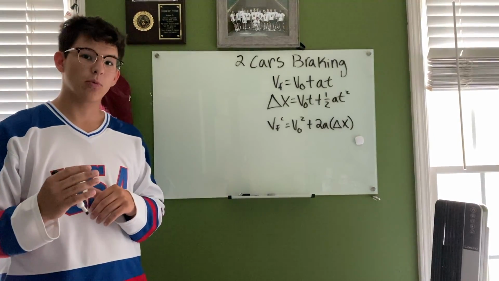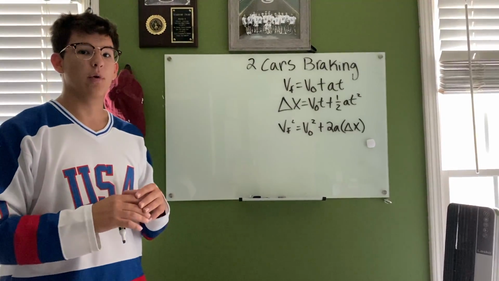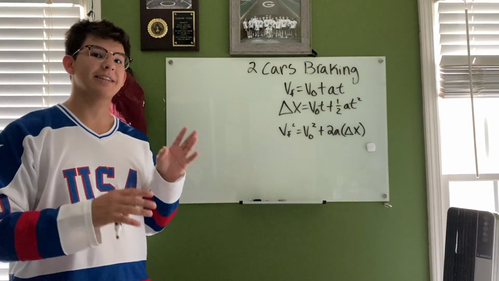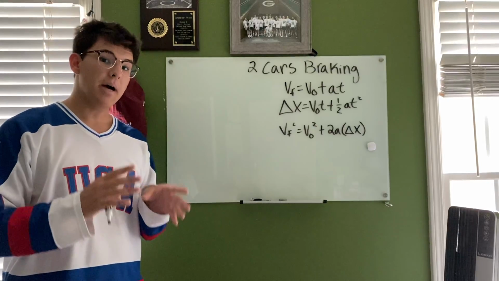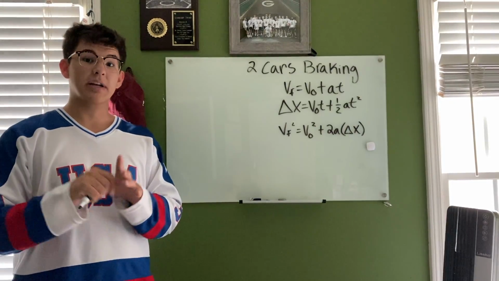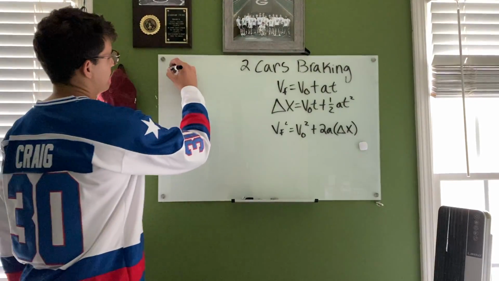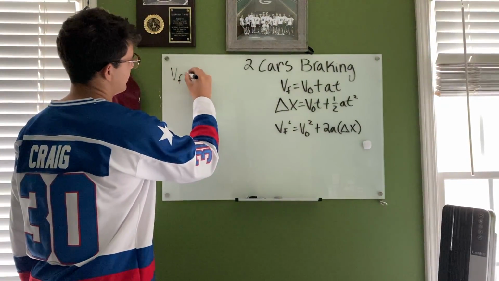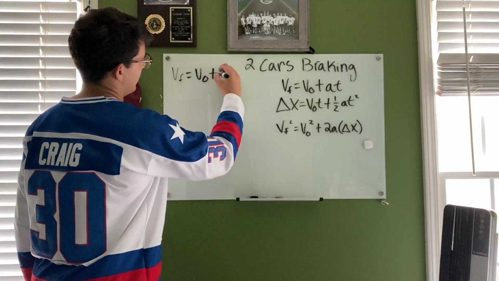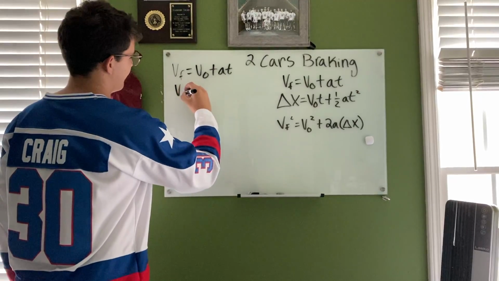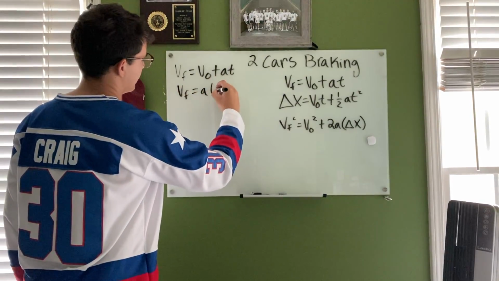So in question number 4, we're trying to find out the time it takes for the chasing car to come to a complete stop. Now remember, in question number 1, we did this exact same thing, but with the lead car. So we're going to set it up the exact same way. We're going to use the first formula. So we have Vf is equal to V naught plus at. V naught is going to be 0, so really we just have Vf is equal to at.